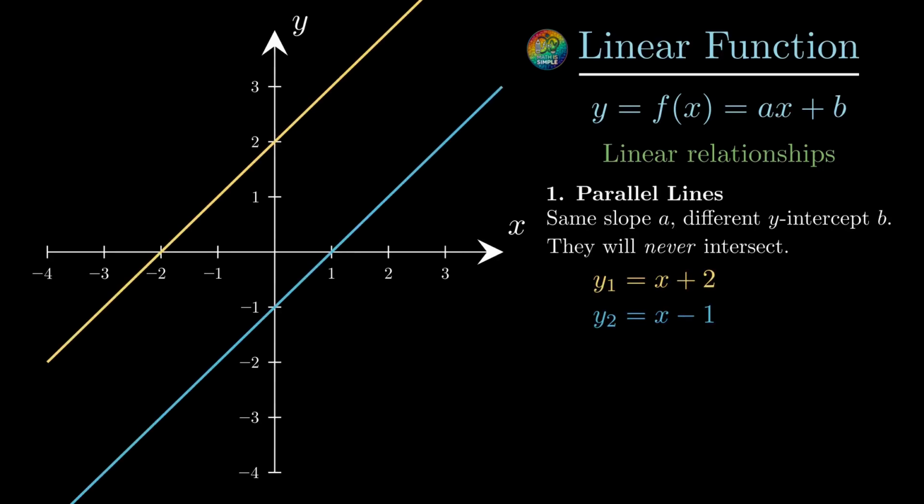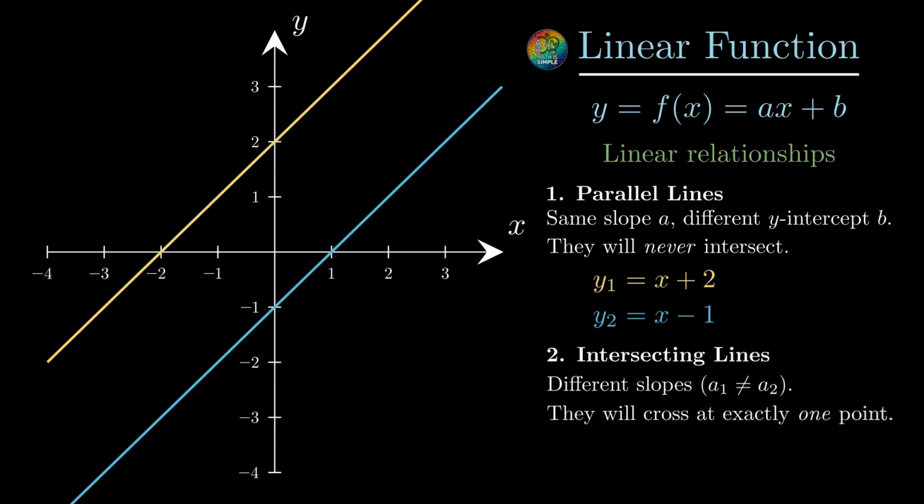Look at the yellow line, y sub 1 equals x plus 2, and the blue line, y sub 2 equals x minus 1. Notice that both lines share the exact same slope, a equals 1, but have different y-intercepts. Because their rates of change are identical, they travel in the exact same direction at the same steepness, meaning they will never intersect.